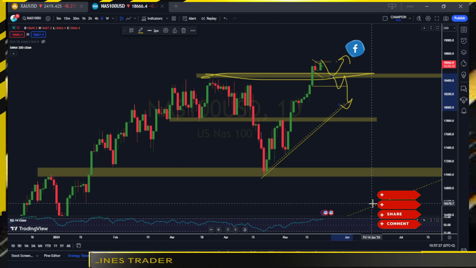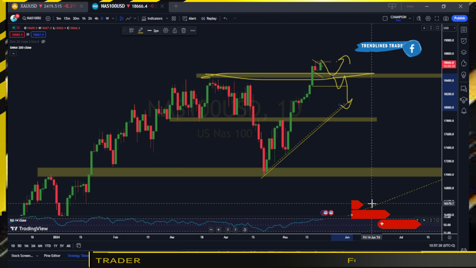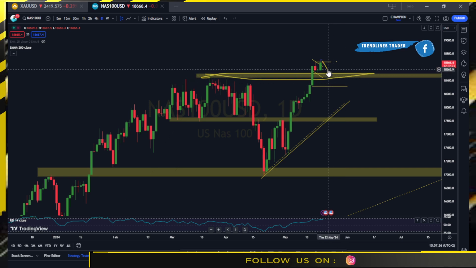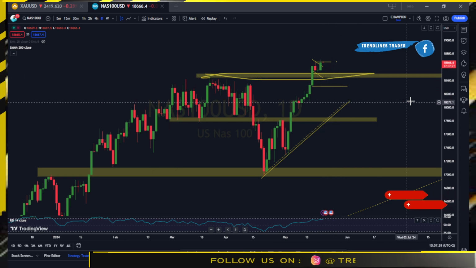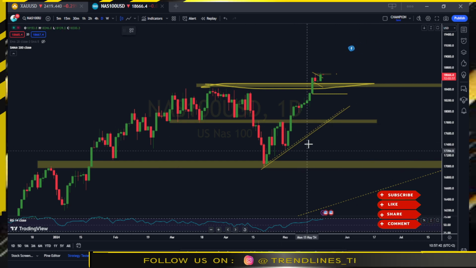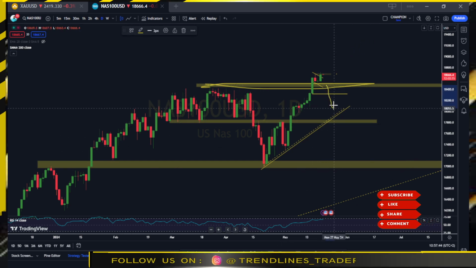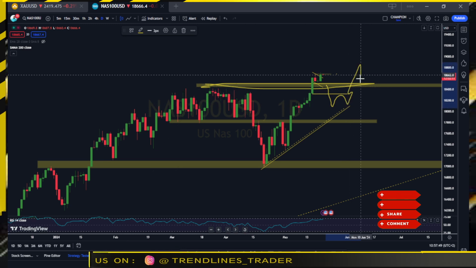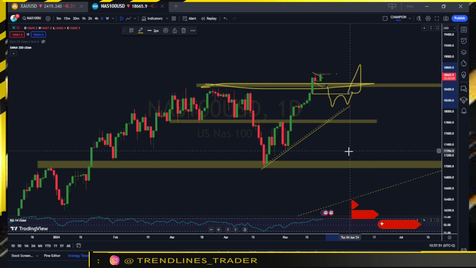Either way, we must have a pullback at some point. The price cannot just shoot straight towards the upside without having a pullback. So I believe we might have a pullback. The price might push a little bit towards this diagonal resistance before we witness it pushing towards the upside.